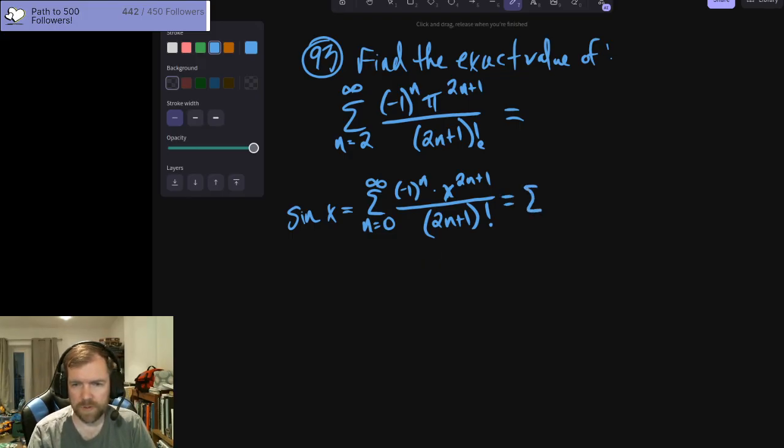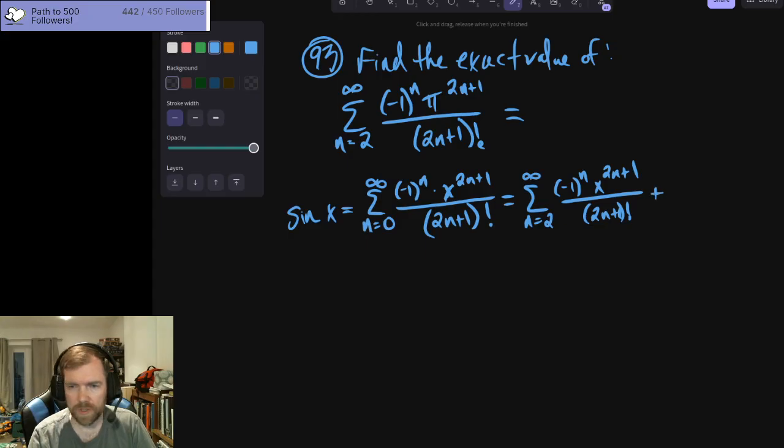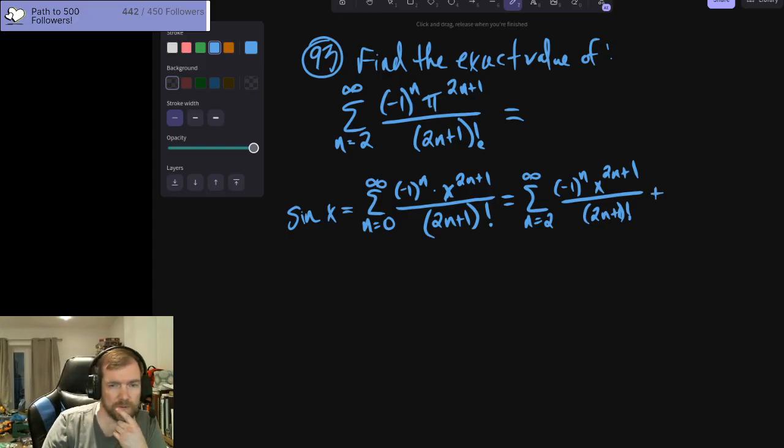This is then going to be equal to the sum as n goes from 2 to infinity of (-1)^n x^(2n+1) over (2n+1) factorial, plus, what do we get when we plug in 0 for n? n equals 0 is going to get us a 1 times x to the 1 over 1 factorial, plus, what do we get when we plug in 1?